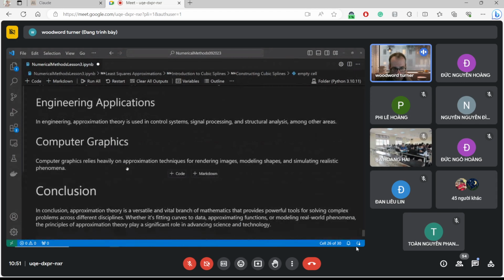If you're more into art and things like that, especially the spline stuff, it really shows up a lot in computer graphics. So whenever you want to render an image or model a shape or simulate a realistic tree in the video games that you might like to play, you're probably looking at splines.